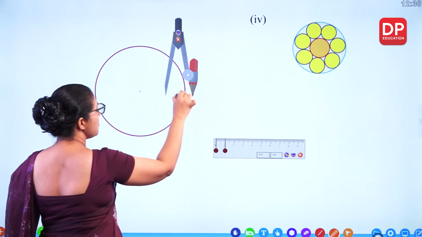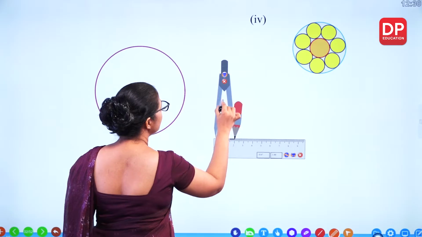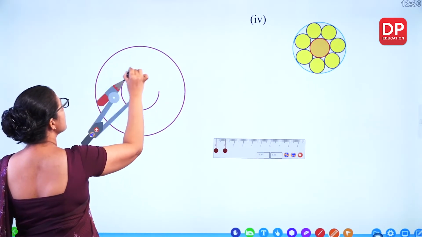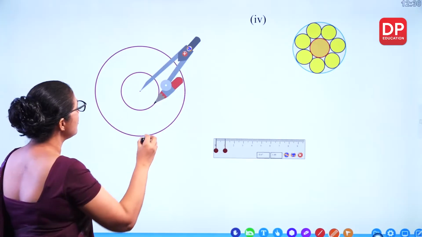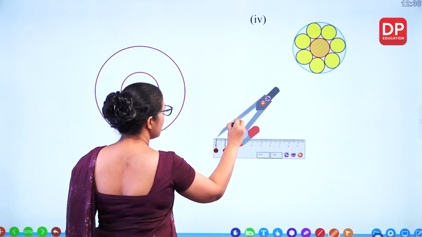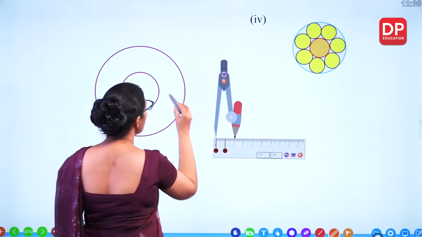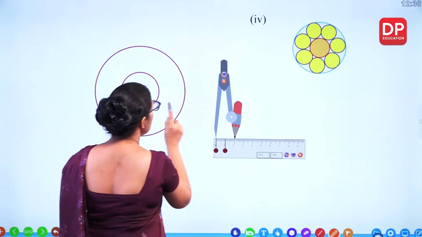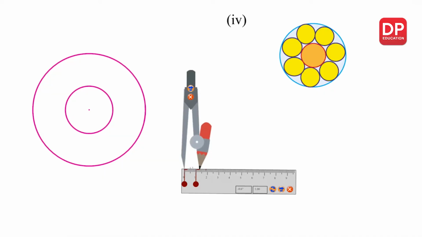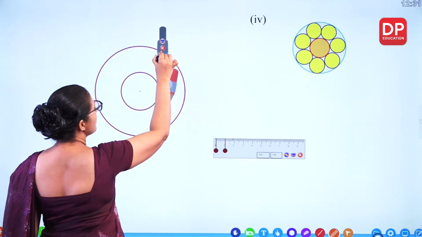Or I'll take 2 centimeters. And draw the other circle. Then the other one, you have to draw 1 centimeter length radius, because if you take 1 centimeter length radius, you get other circles fit into this gap. So 1 centimeter length. This should fit into this one.